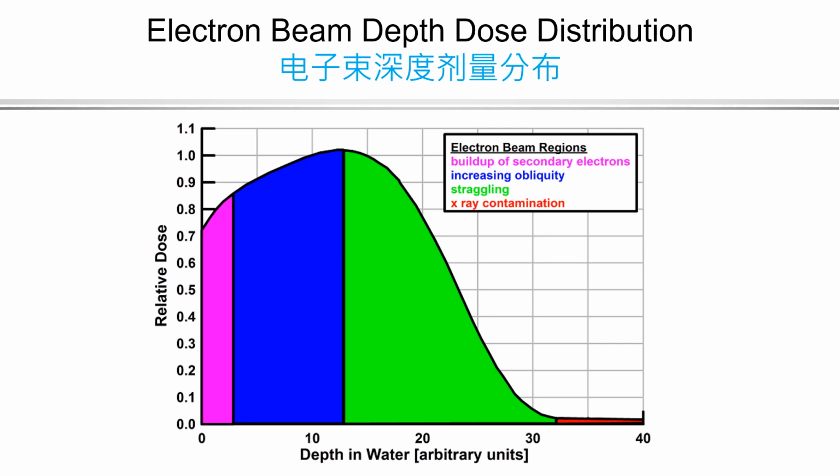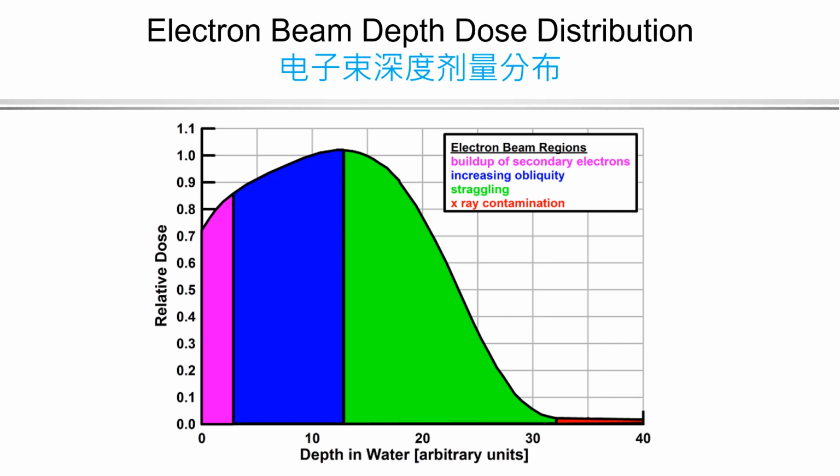In the blue region, the paths of the primary electrons become more tortuous, with many electrons traveling obliquely with respect to their original direction. This results in an increasing fluence, and hence dose, as the depth increases. In clean beams, this section is often concave upwards. The green region represents where electrons have traveled far enough along their paths that they run out of energy and stop.